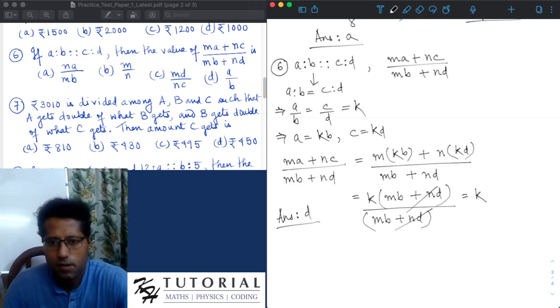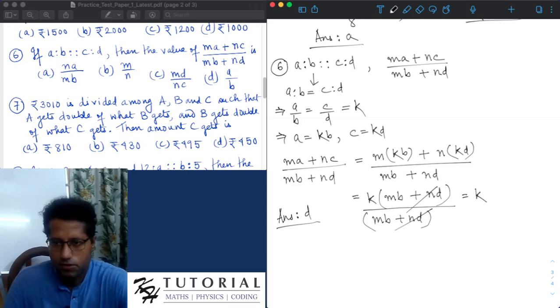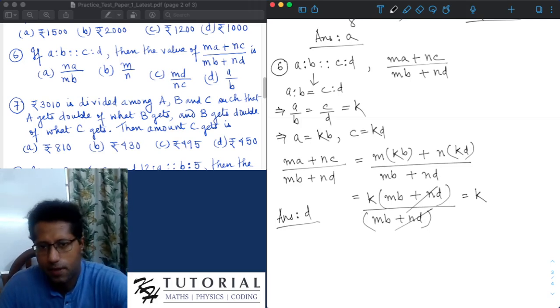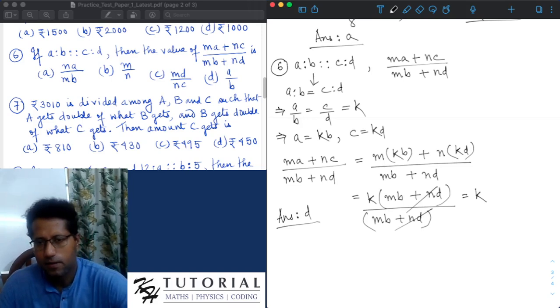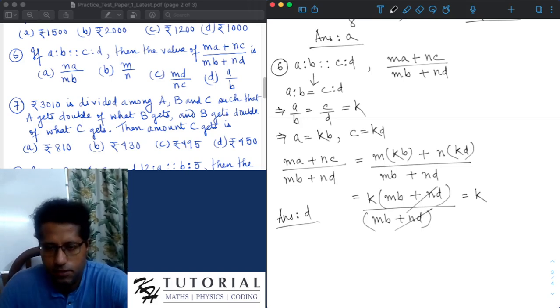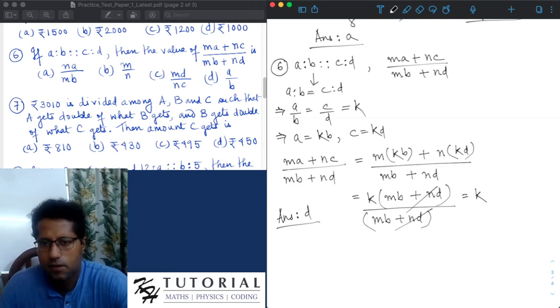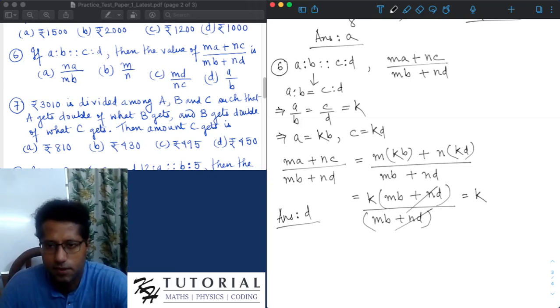So we have found that the ratio MA plus NC divided by MB plus ND equals K. And what is K? We assumed that A by B equals C by D equals K. From this we find A in terms of B, that is A equals KB, and we find C in terms of D, that is C equals KD.